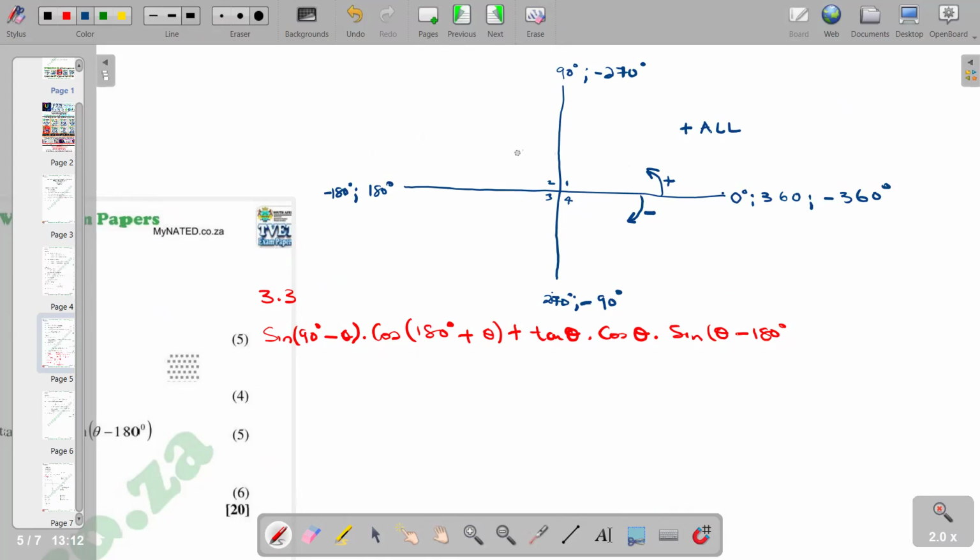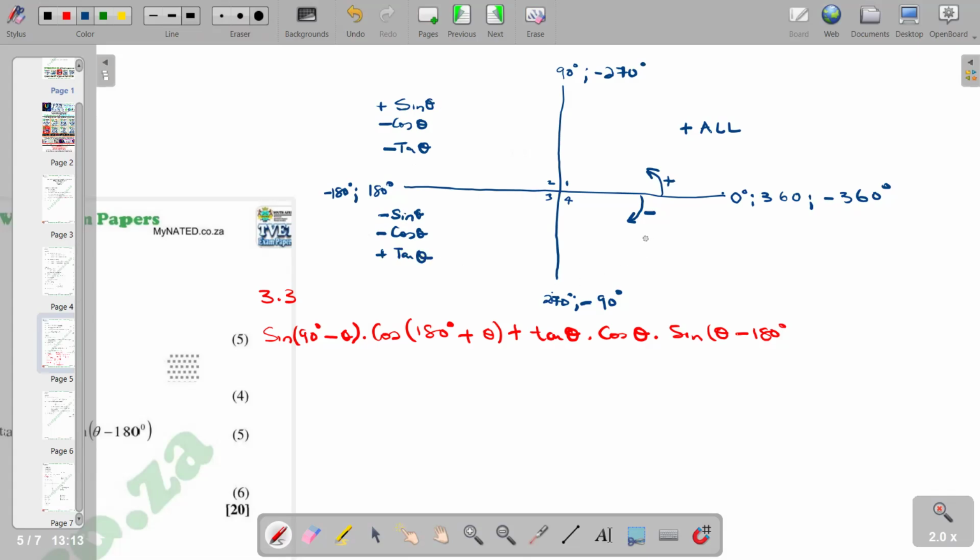In the second quadrant, we have to know that sine theta is positive, cos theta is negative, tan theta is negative. Then when you go to the third quadrant, sine theta is negative, cos theta is negative, then tan theta is positive.